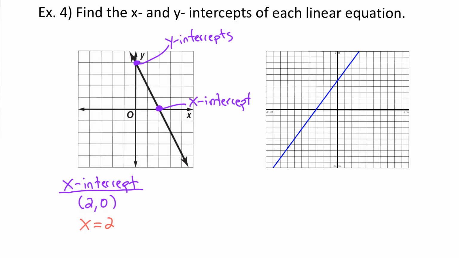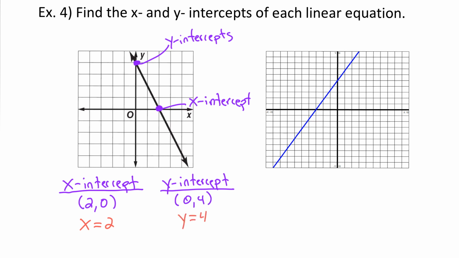Now for the y-intercept, you are going to find the coordinate of the point. The x coordinate is 0. You don't go left or right, but you go up 1, 2, 3, 4. So my point is at 0, 4. Or another way you can say your answer is y equals 4.